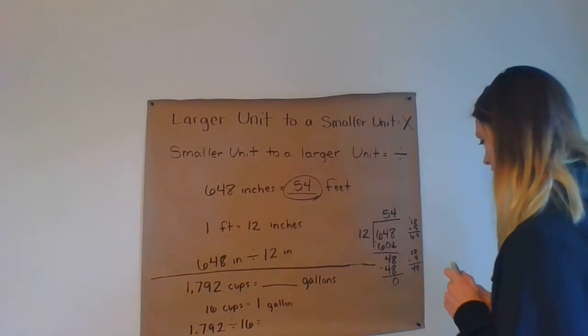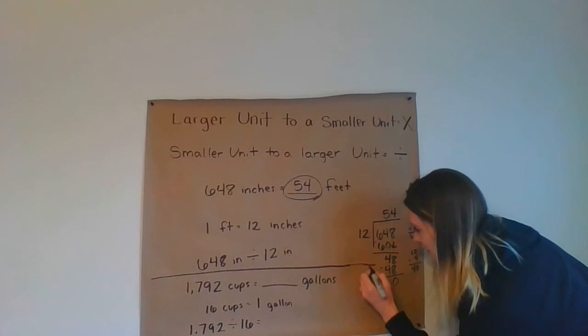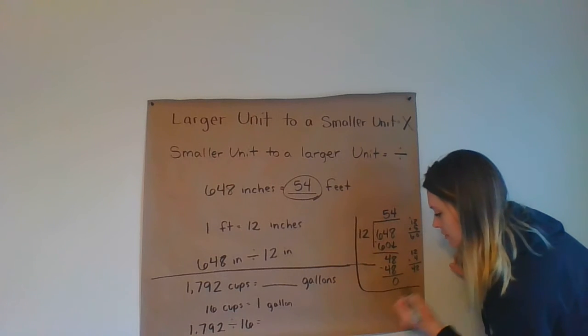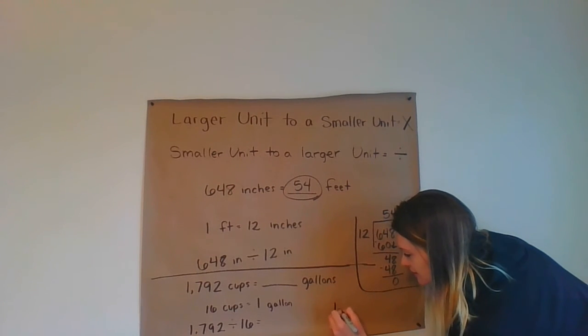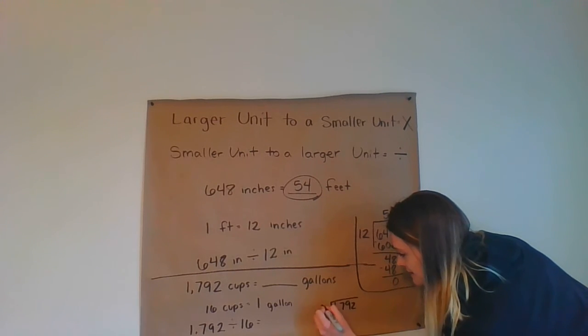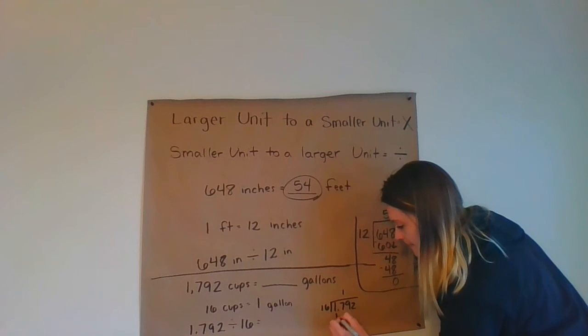So, I've got some room right here. 1,792 divided by 16. Okay, 16 goes into 17 once.